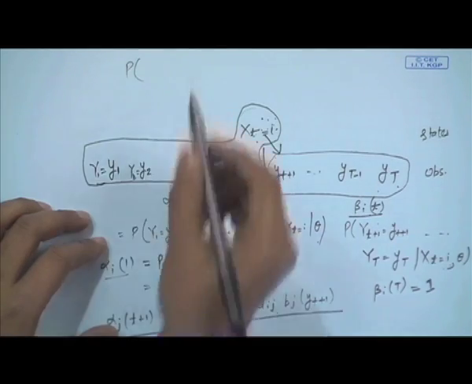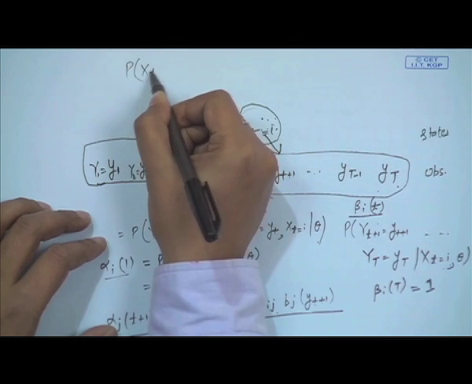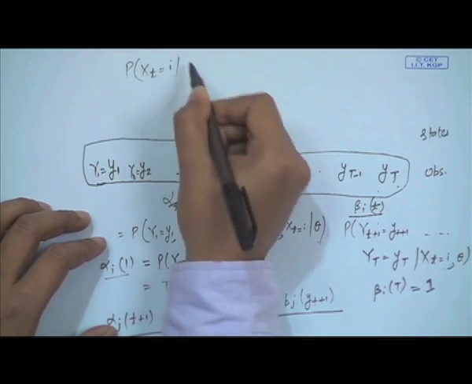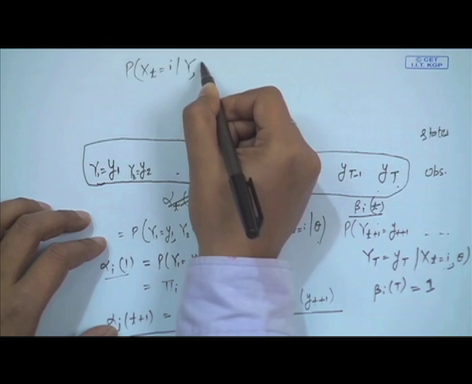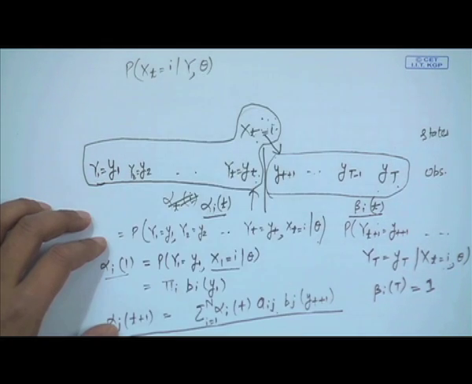That's what we intended by doing this alpha and beta. Let us see how exactly we can compute these probabilities of various paths. I want to compute the probability that x is equal to I given my observation and parameters theta.